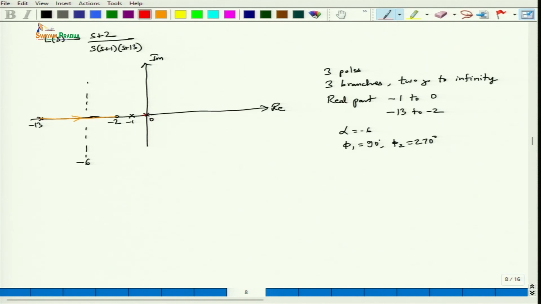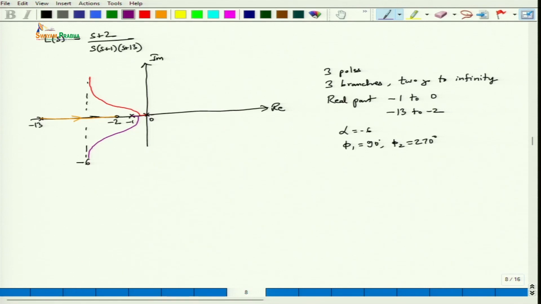The second one will start from here and go all the way up to here. The third one will start from here in a symmetric fashion, go here. So these are along minus 6.